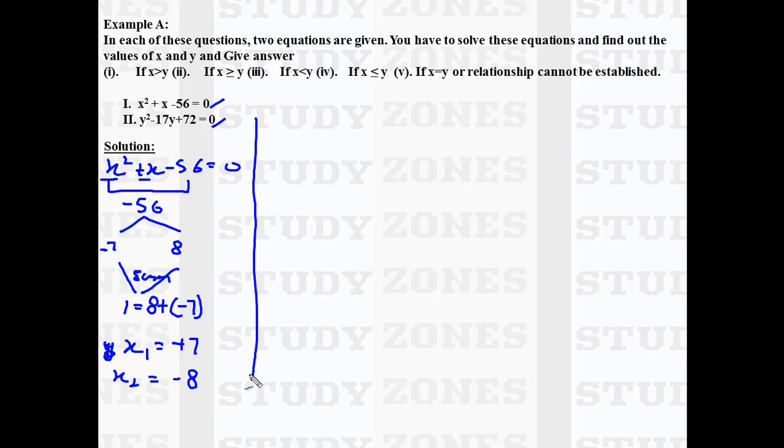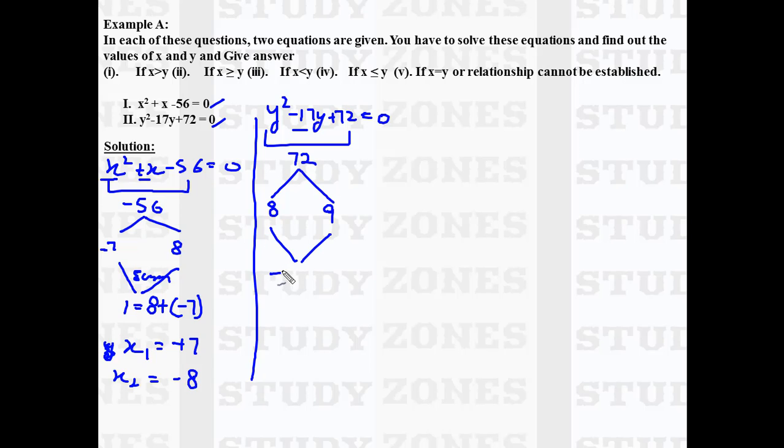Now let's solve our second equation. y square minus 17y plus 72 equals 0. Now multiply these two, you will be getting 72. Now factorize 72, that is 8 9s are 72. Now you have to get the sum of minus 17.